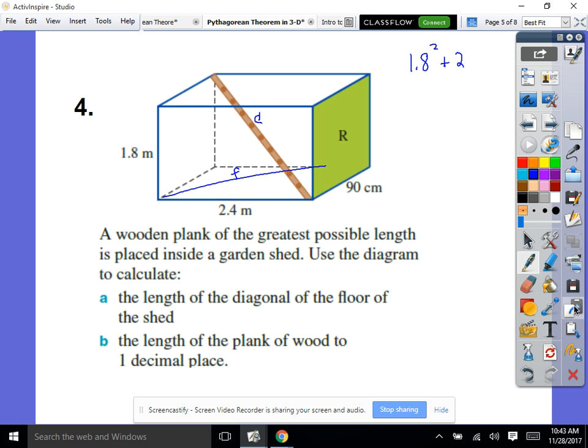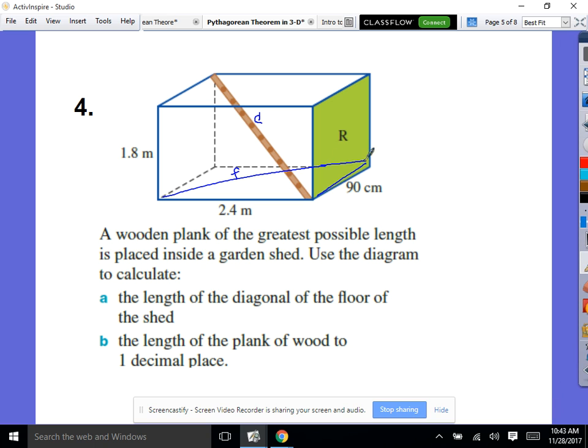Let's go back on that one because I took the wrong numbers. So we have 2.4 and 90. 90 centimeters is the same as 0.9 meters. And we want our measurements in the same unit. So we will do 2.4 squared plus 0.9 squared equals F squared.